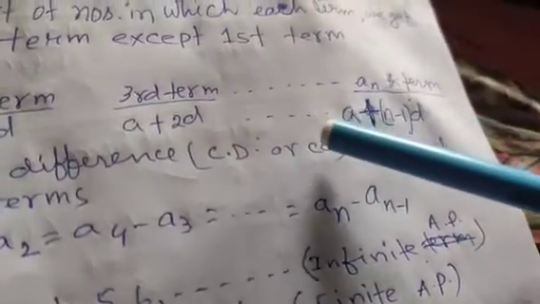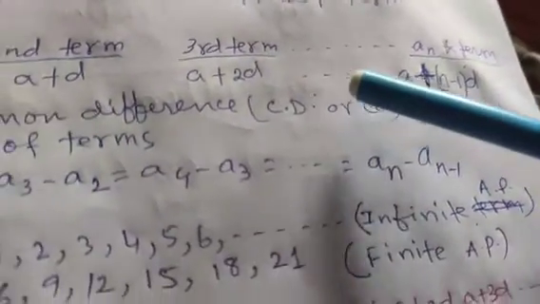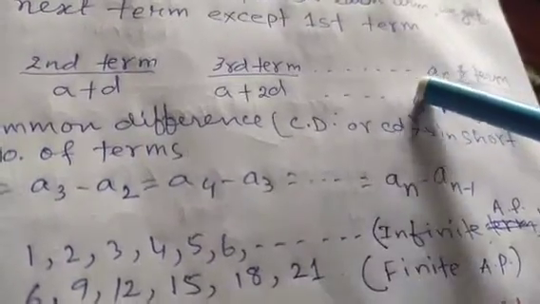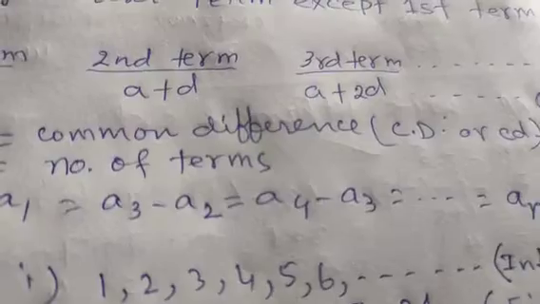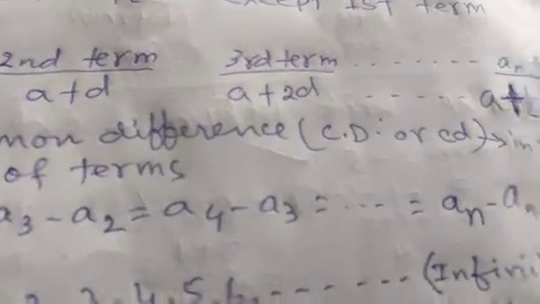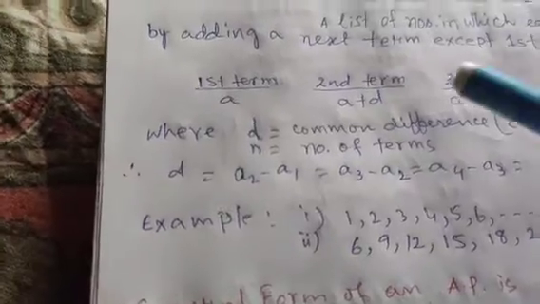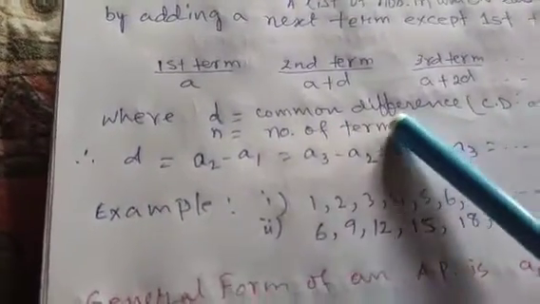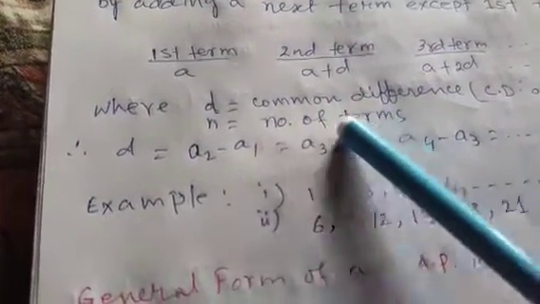Like this it will go on up to A plus (n minus 1)D to get the nth term. So here see, D is the common difference, n is called the number of terms.